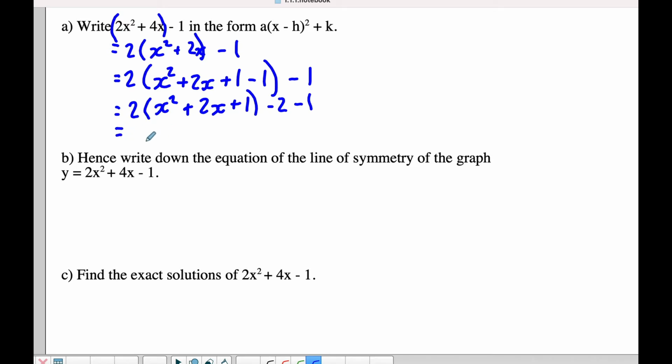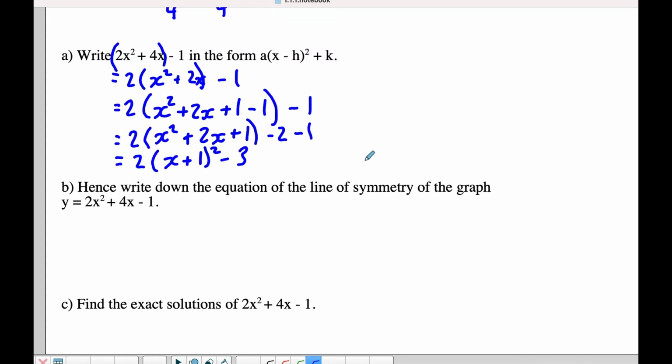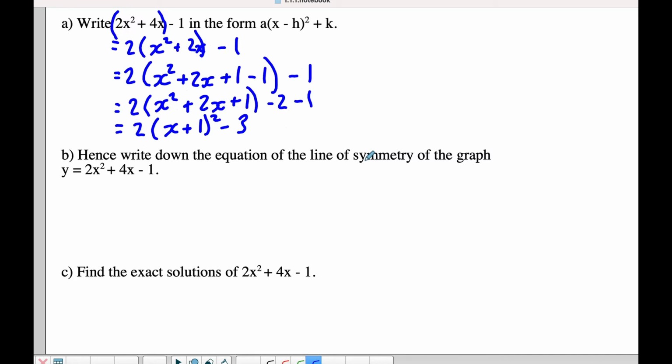And this will simplify to be 2 times, and when you factor this, it's going to be x plus 1 squared minus 3. And so there is the term, 2x squared plus 4x minus 1, in the vertex form, the a times x minus h squared plus k form.